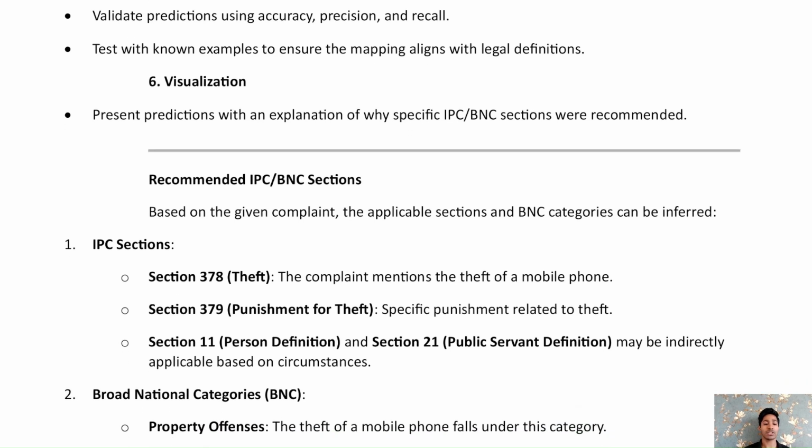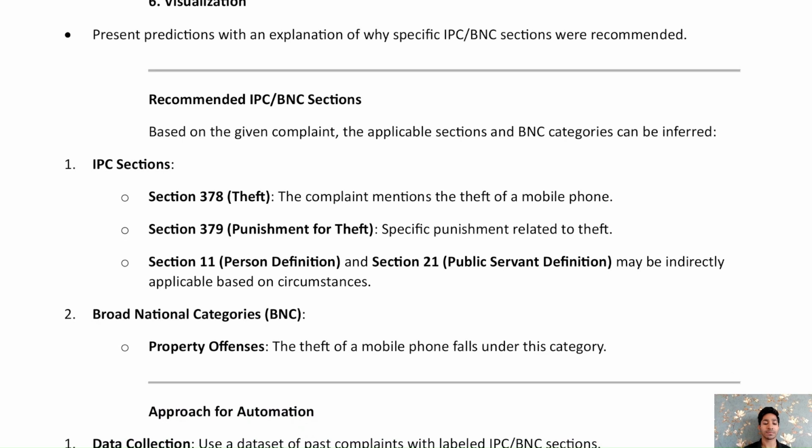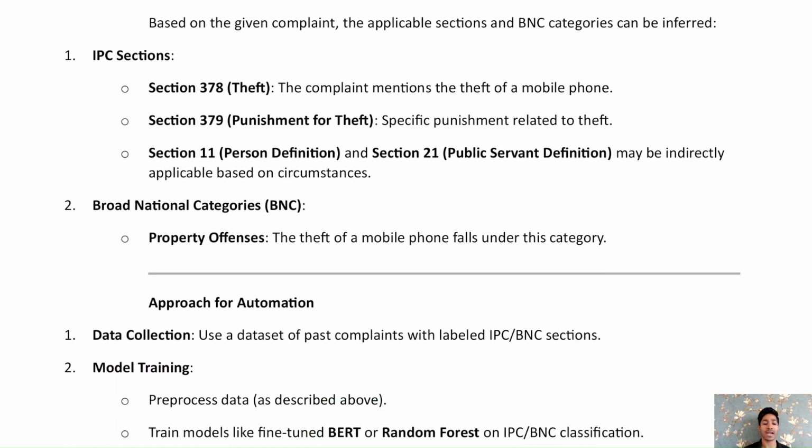And section 11, which covers the definition of person and public servant, may be indirectly applicable based on the complaint. And then we have the broad BNS categories, in which the property offenses relate to the complaint. In this, the theft of a phone falls under this category.